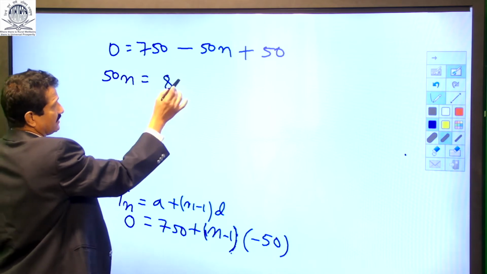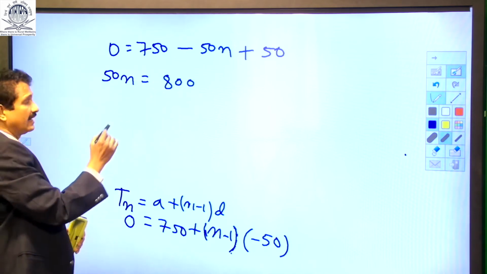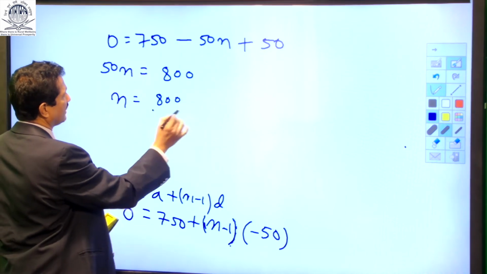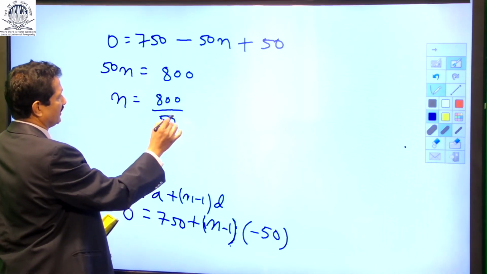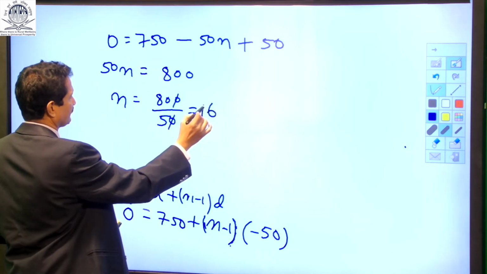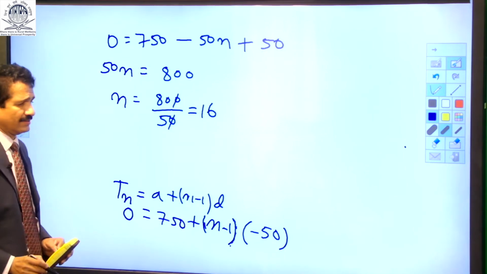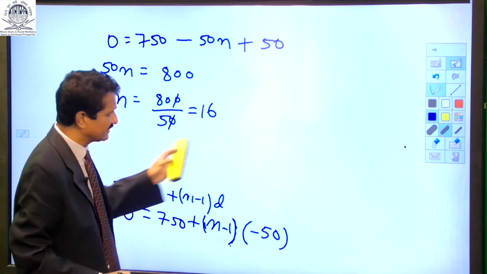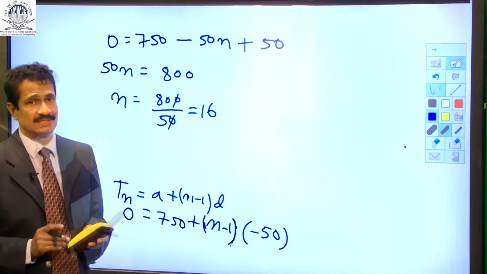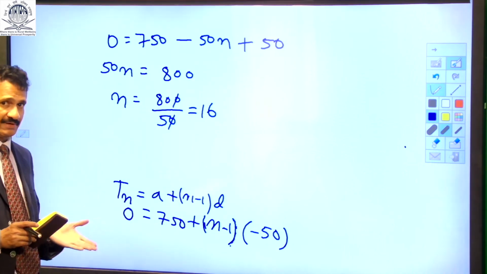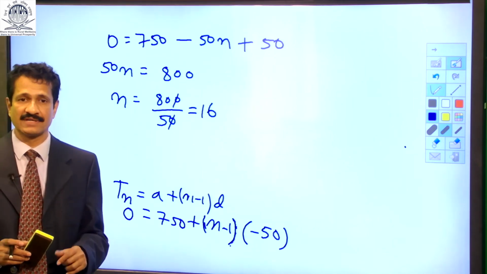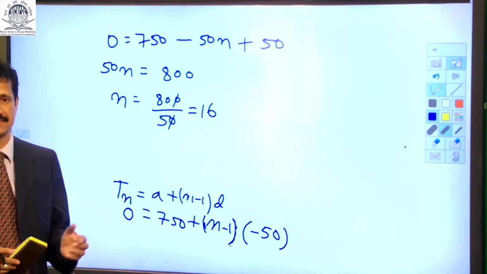We have 800, and then n is 800 by 50, so that gives me 16. So on the 16th day of this strike, the OPD will have no patients. That is how we solve problems using arithmetic progressions in our business management decisions.